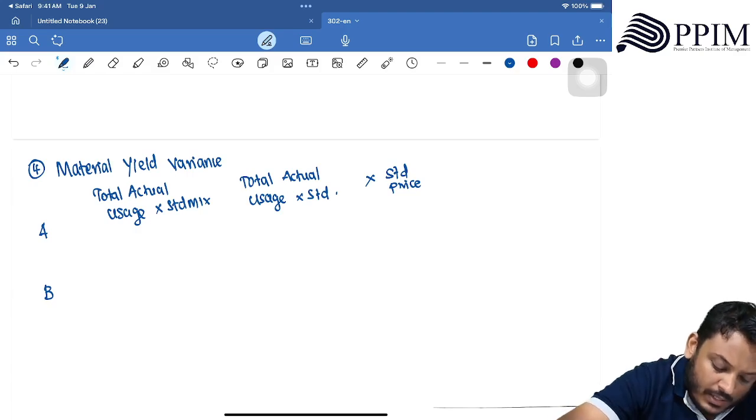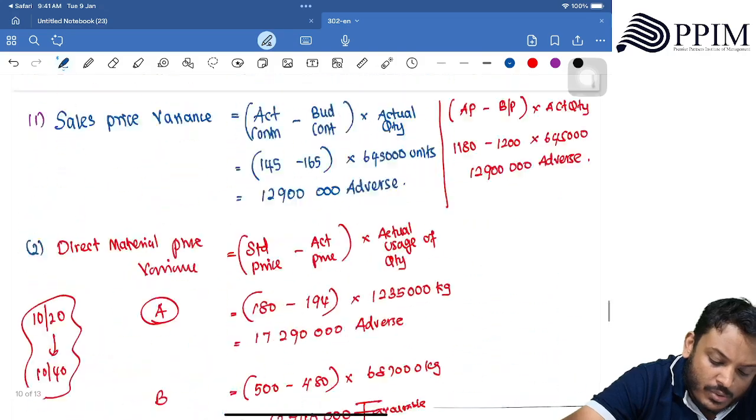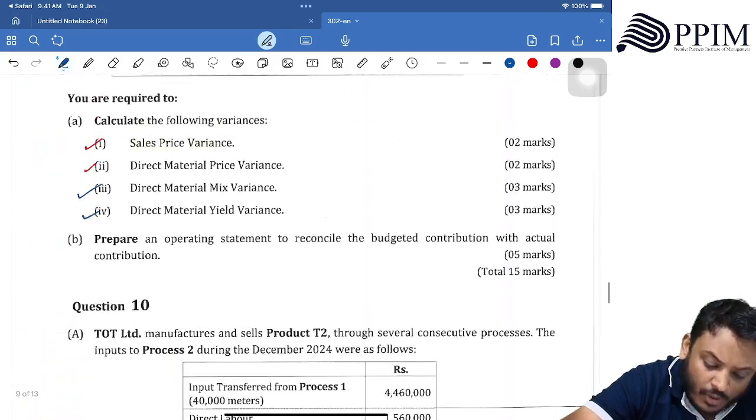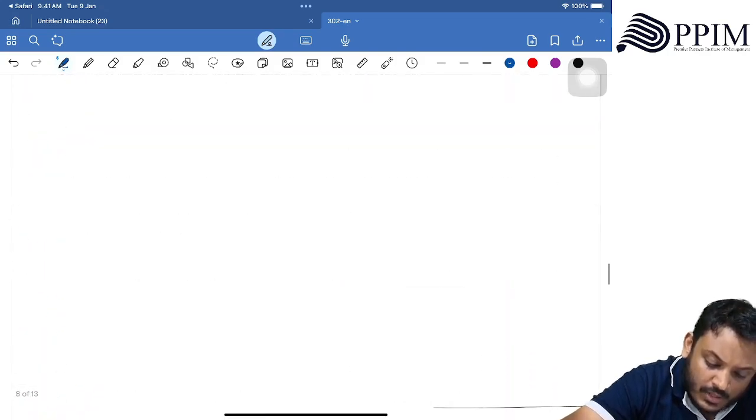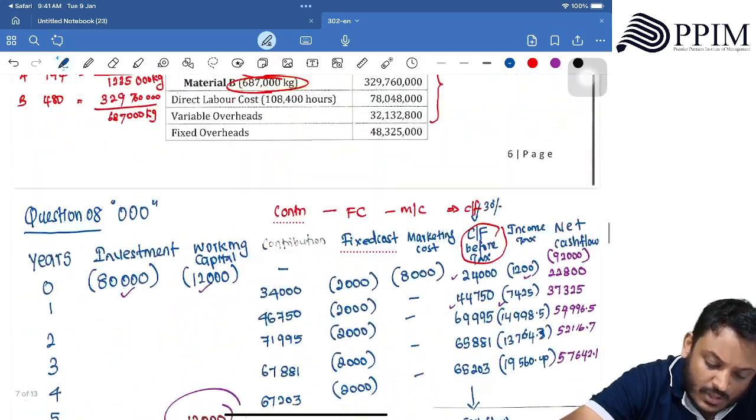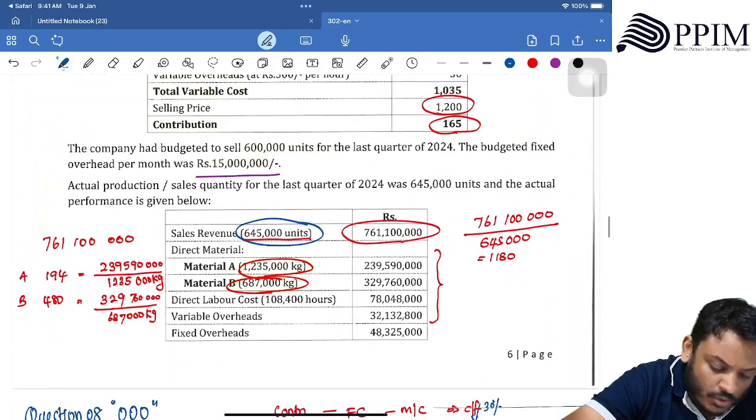So here, see, actual usage 645,000 units.